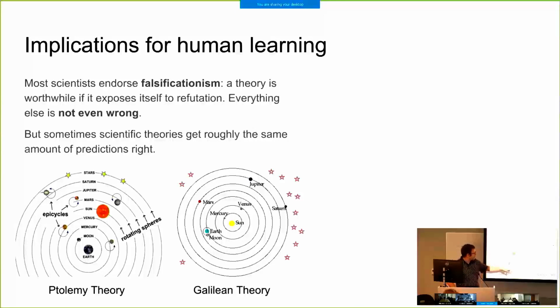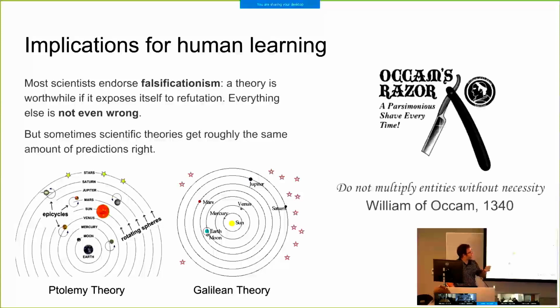So why, if you're living in the time of Galileo, should you prefer his model versus the Ptolemaic one? Are there any guesses why we should prefer one over the other? Right. The principle that dates back to antiquity is: don't multiply conceptual entities without necessity.